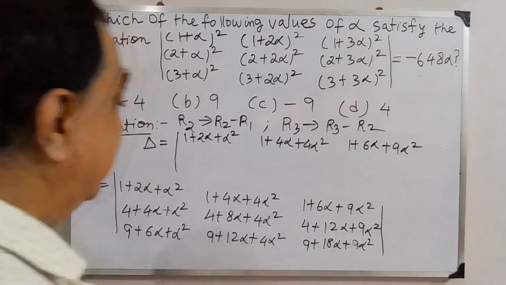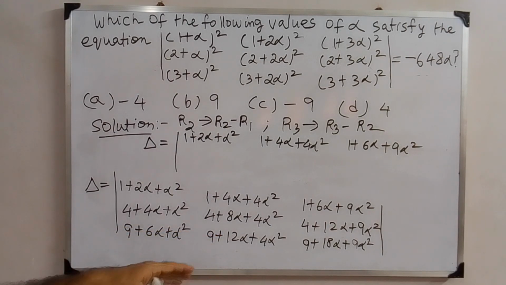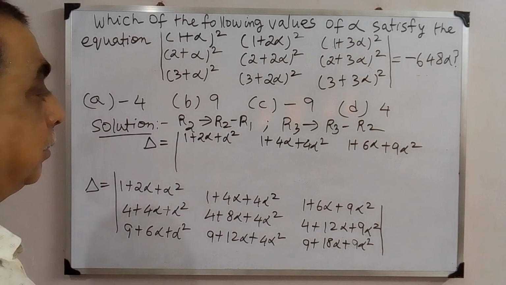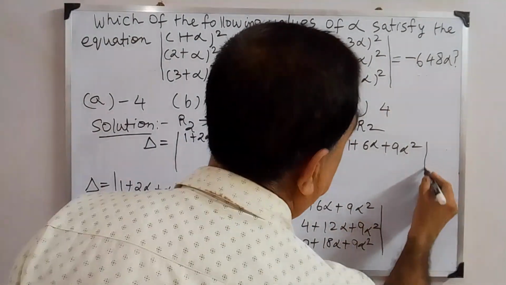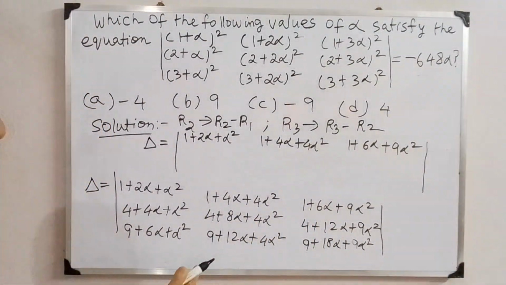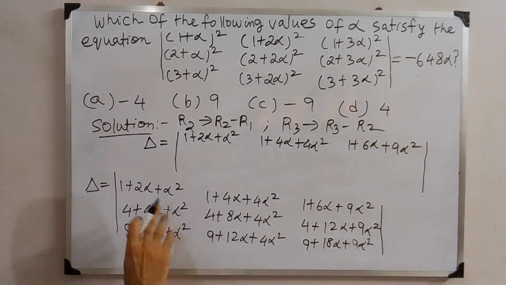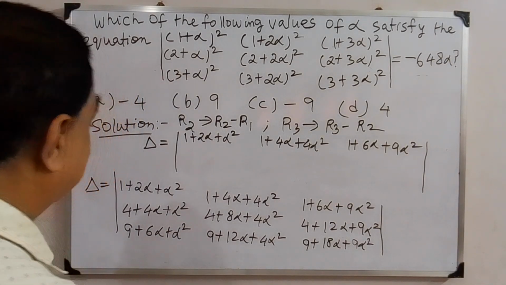Because if we subtract or add some multiple of any row or column to another row or column, the determinant value does not change. So if I subtract the first row from the second row, and the second row from the third row, the determinant value will remain the same.